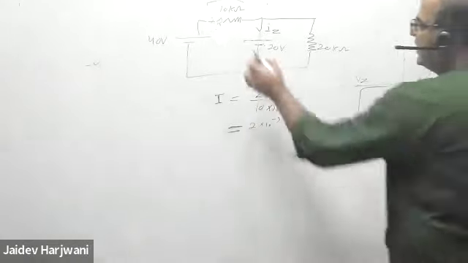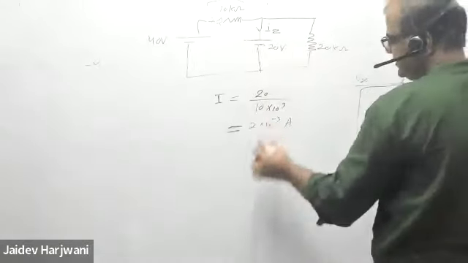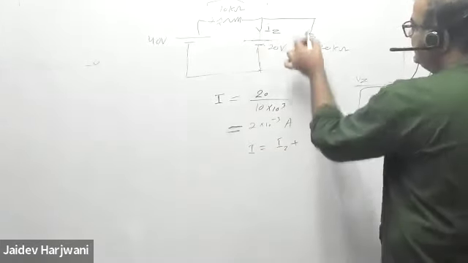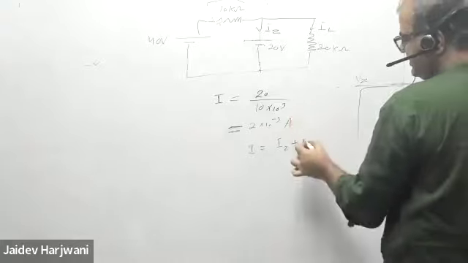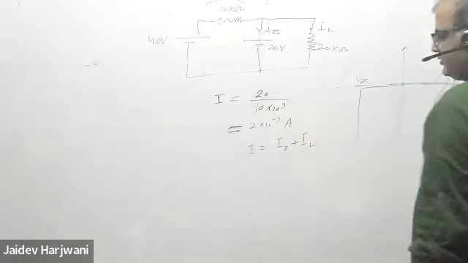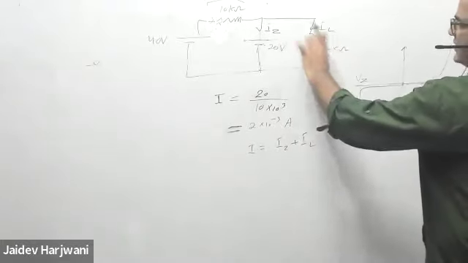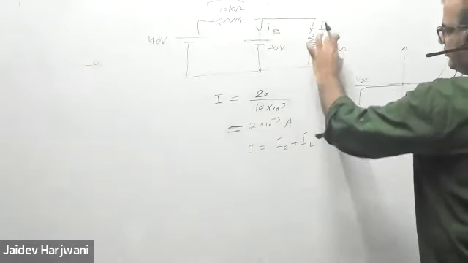Now this I is going here and here. This I is forming IZ plus, if I say this is a load current IL. And now I can find IL, because I know 20 volt is here and 20 kilo ohm is here.